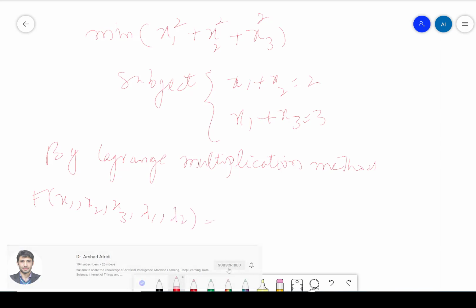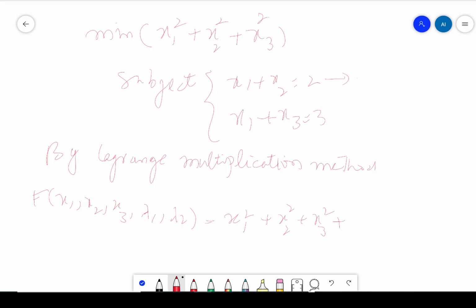We will write this equation: x1 square plus x2 square plus x3 square plus lambda 1 times x1 plus x2 minus 2 is equal to 0, and lambda 2 times x1 plus x3 minus 3 is equal to 0.